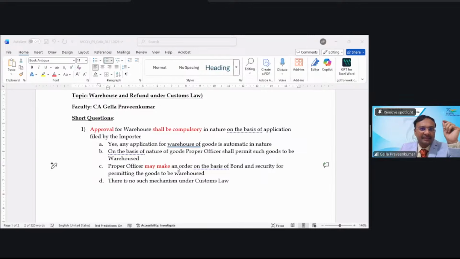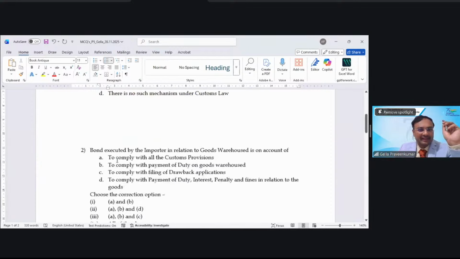Answer would be C. So please keep in mind, in examination, how do you answer your MCQ questions: you read the question carefully. Is there any interpretation which is binding on the officer, which is impracticable? Based on that, you have to give your answer. So here, my answer would be C. C is my right answer.